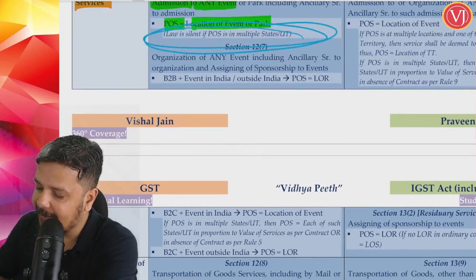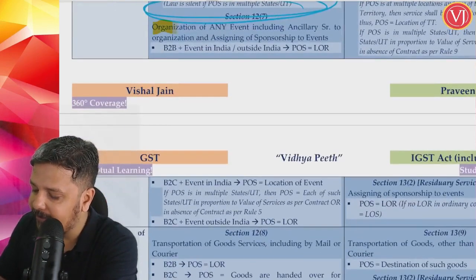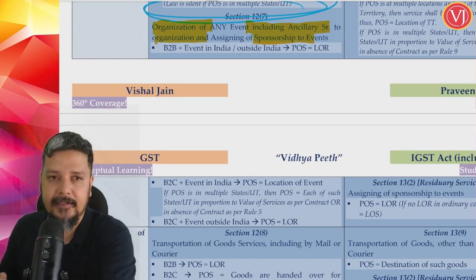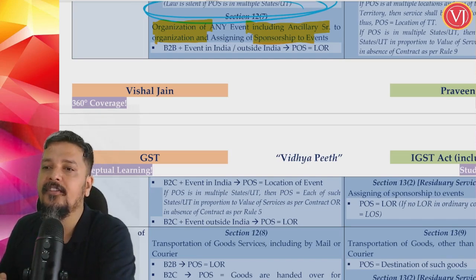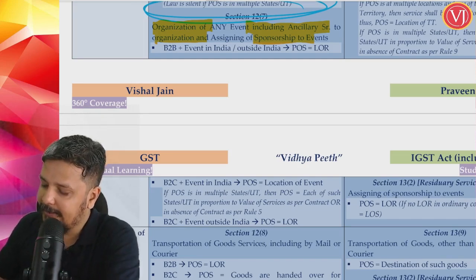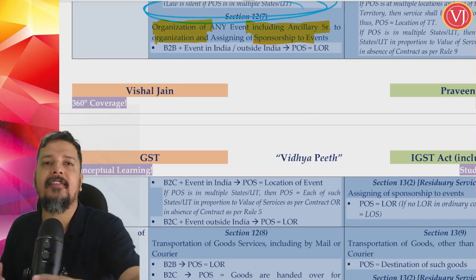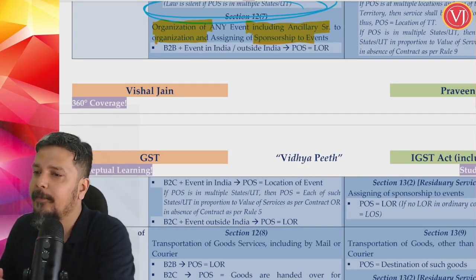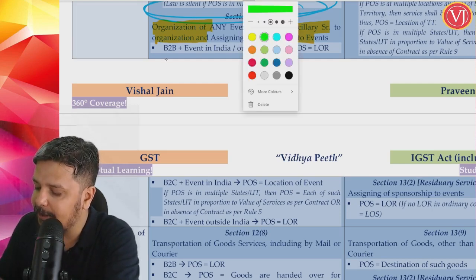There may be another category where you are talking about organization of any event, including ancillary services to organization, including even sponsorship service for an event. Then see, in section 12, there are places where they categorize as B2B, B2C, and there are places where they don't. Here they categorize it as B2B, B2C.